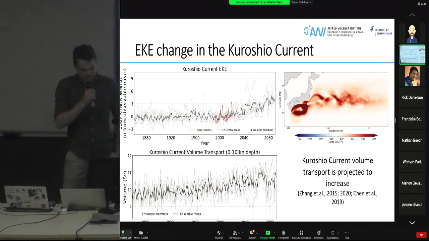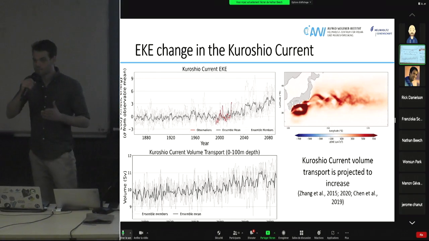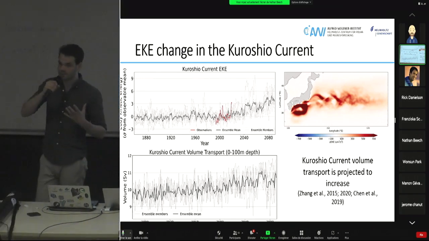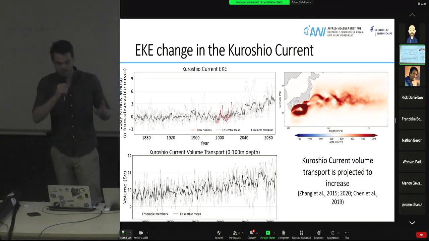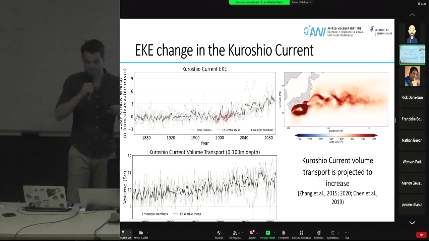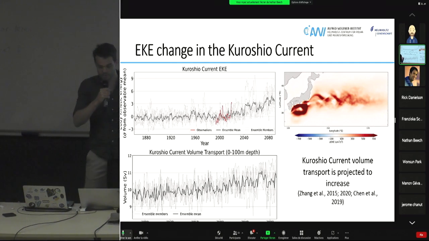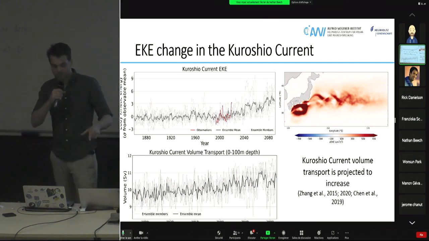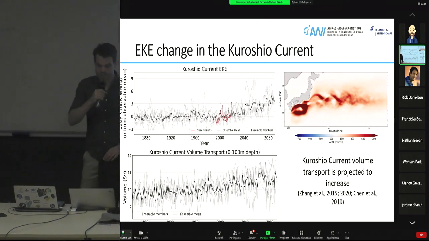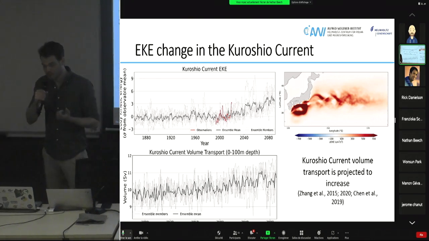I did calculate that at first, but then, as you probably all know, characterizing a current isn't a trivial thing, and so choosing which depths to look at for each current was a very involved process. The reason that we used 0 to 100 meters for the Kuroshio is for a couple of reasons.